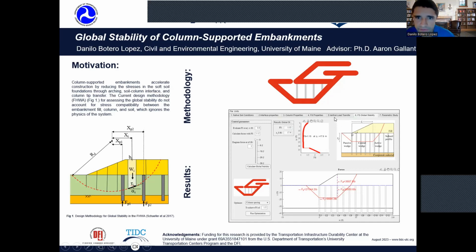We can get the result for the vertical load transfer, how the stresses are going to vary in the soil, and finally, we can also get the factor of safety for global stability. The idea also is to optimize the column spacing to achieve a factor of safety of 1.3 or 1.1, or the fill height. It could also be an option.